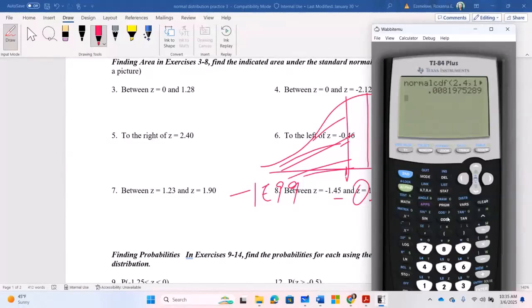Okay, so area to the left is second distribution, and I'm looking for normal CDF because it's area. I'm going to go back, second distribution, number 2. Okay, and I'll select that.